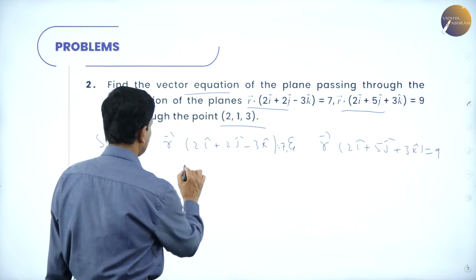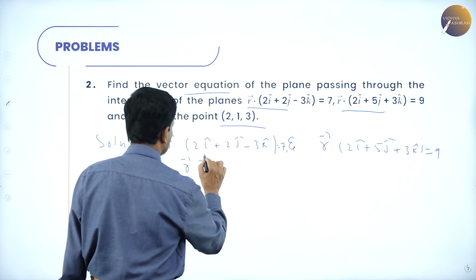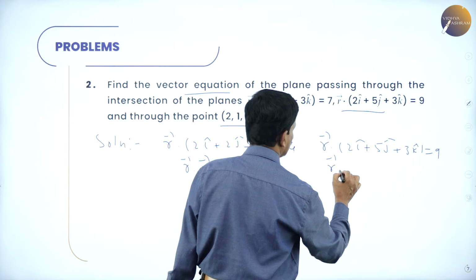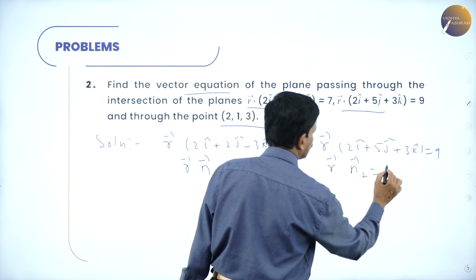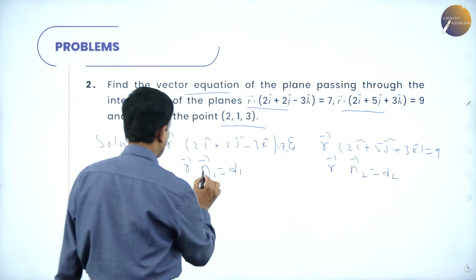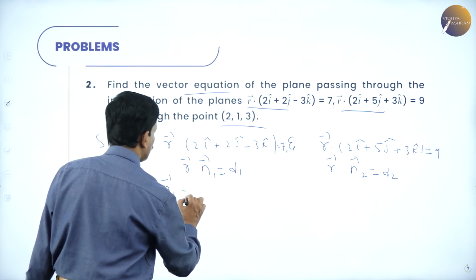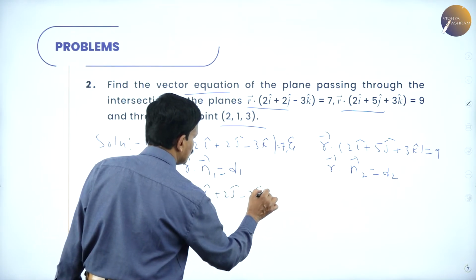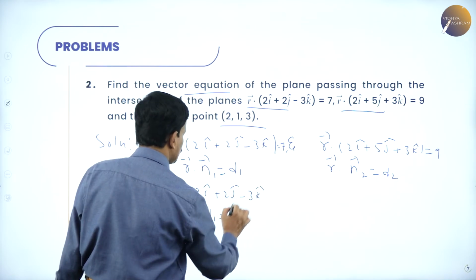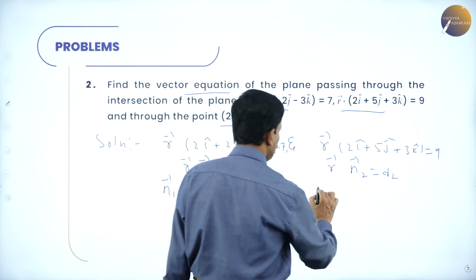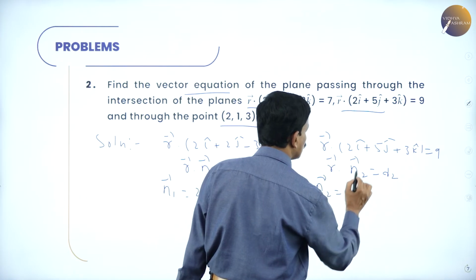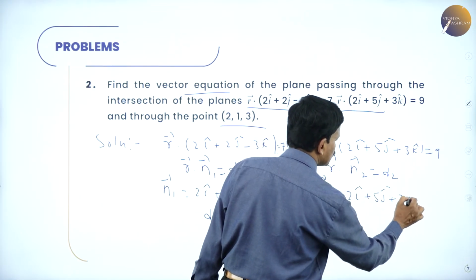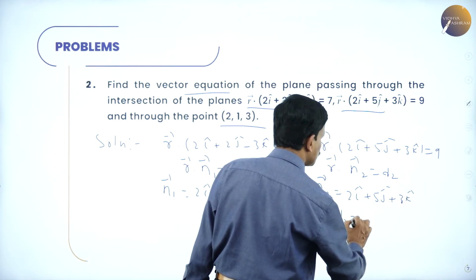Now comparing with r dot n1 vector is equal to d1 and r dot n2 vector is equal to d2. Now what is n1 here? n1 is equal to 2i plus 2j minus 3k and d1 is equal to 7. Here n2 vector is equal to 2i plus 5j plus 3k and d2 is equal to 9.